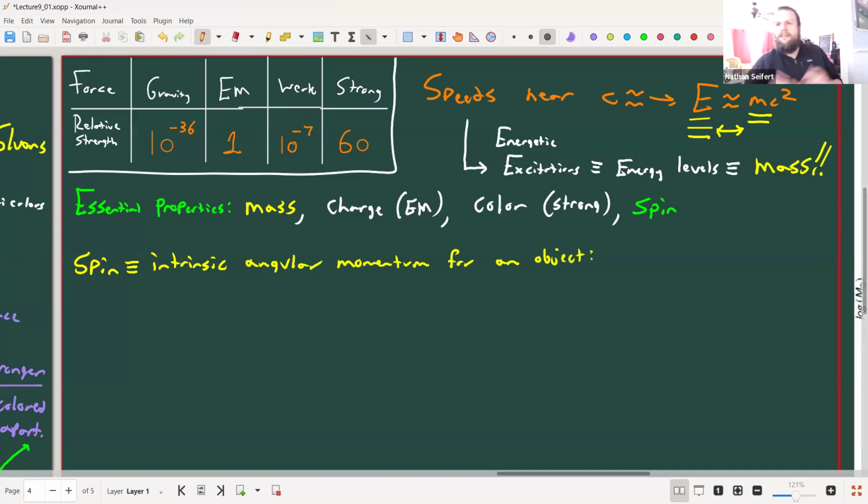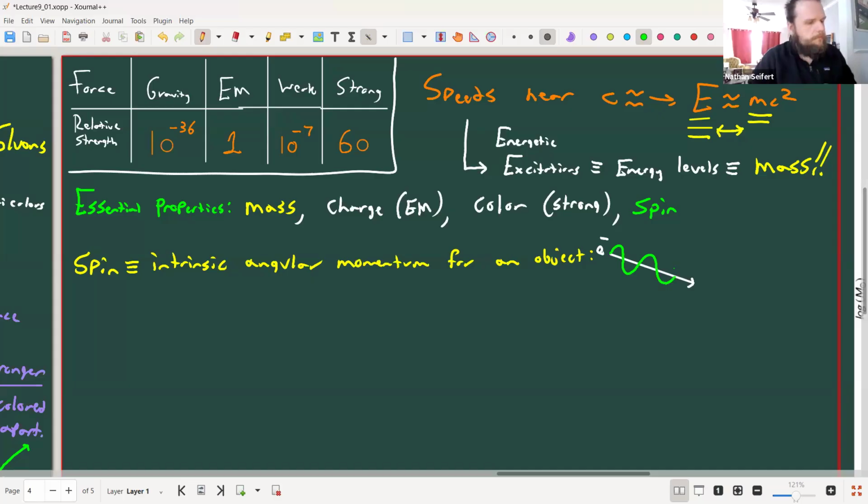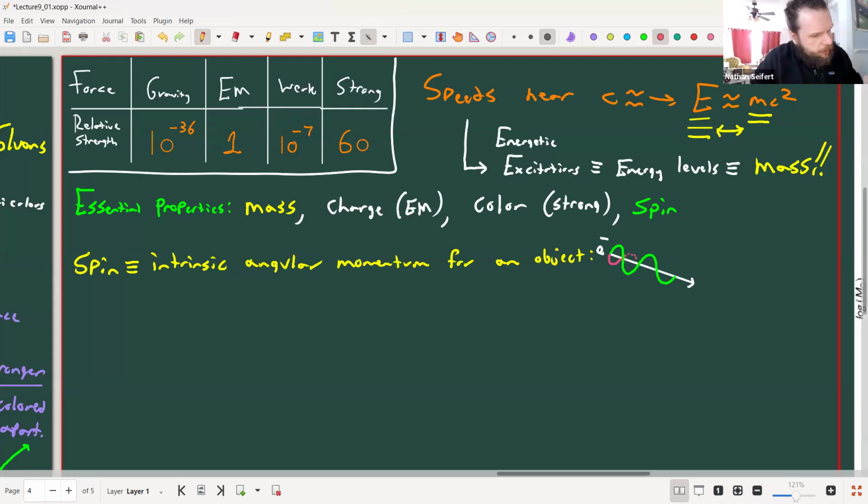And the way I like to think about spin is through the electron. We've already talked about spin up deflecting and down deflecting. One way I like to think about the electron is, again, if you think about the electron as a wave, it's got two components. It's got the longitudinal component, and it's got the transverse component.